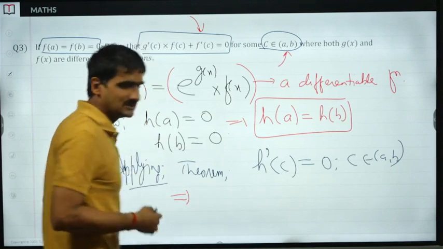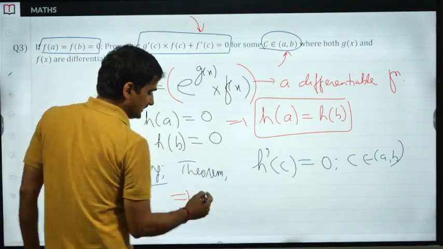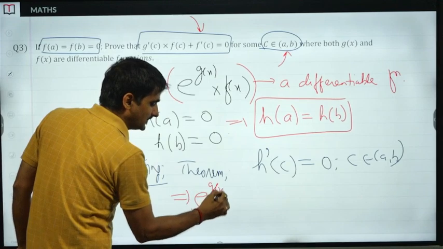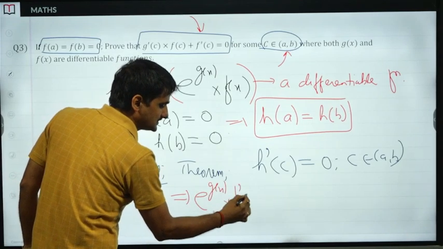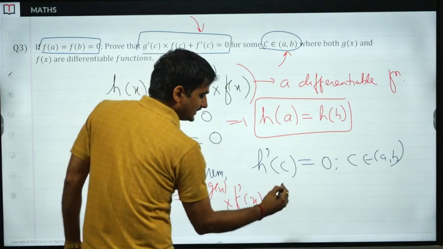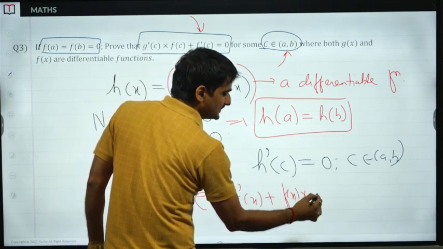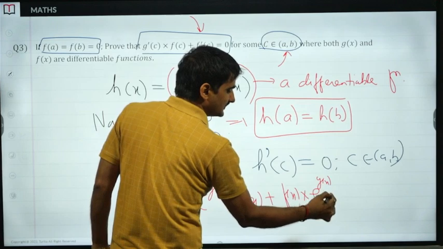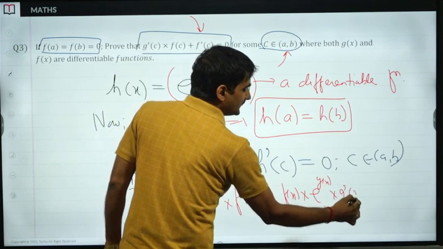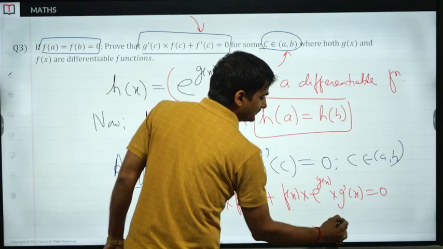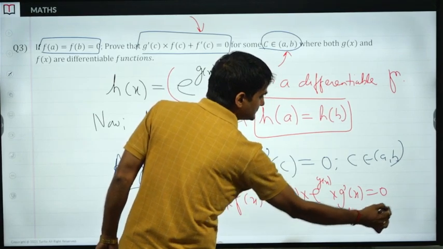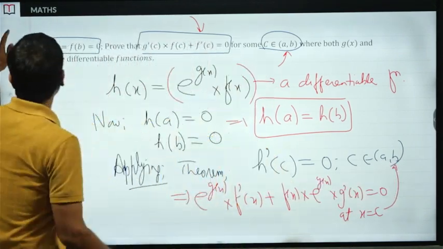You apply chain rule and product rule, both of them. I will keep e raised to the power g(x) out and differentiate f(x), which is f dash x, plus keep f(x) out and differentiate e raised to the power g(x), which gives the same function, and then using chain rule, g dash x. This equals 0 at x equal to c, and c belongs to this interval.